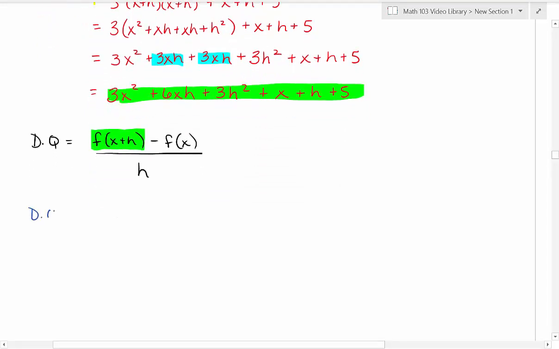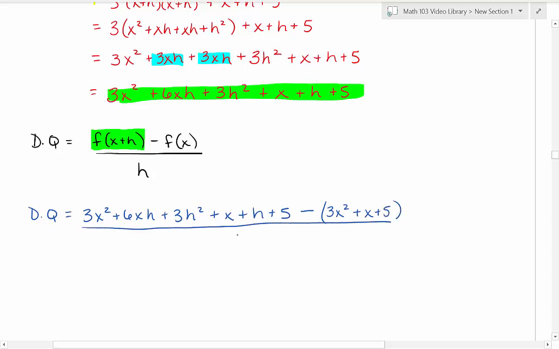So our difference quotient will be 3x squared plus 6xh plus 3h squared plus x plus h. Now we need to subtract f of x, which was our original function. Be sure to put it in parentheses because we're subtracting this whole function. And then all over h.